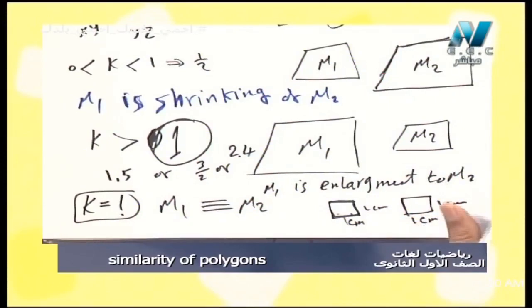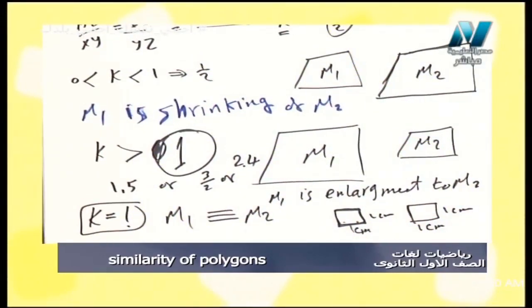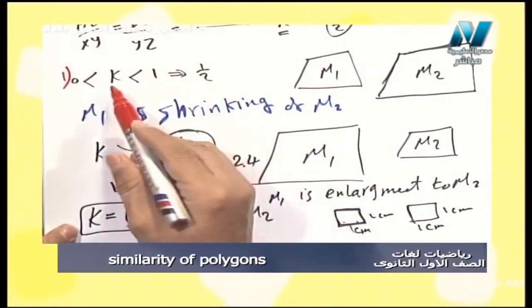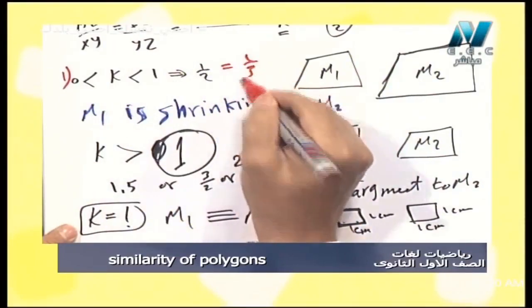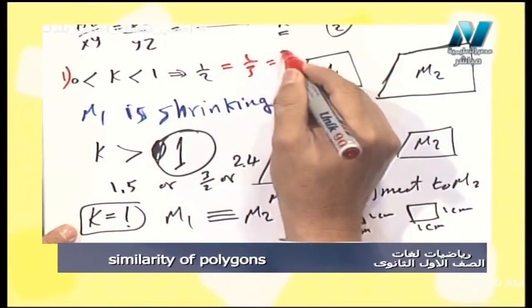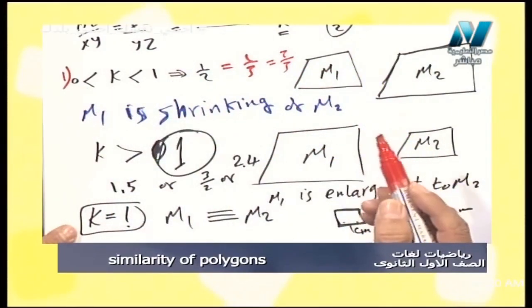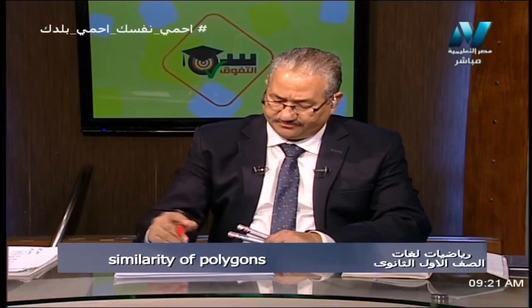Okay, so we have three conditions for K. The first one is if K is between 0 and 1 as 1/3, 1/2, or 2/3, or so on, then M1 will be a shrinking or minimizing of M2.